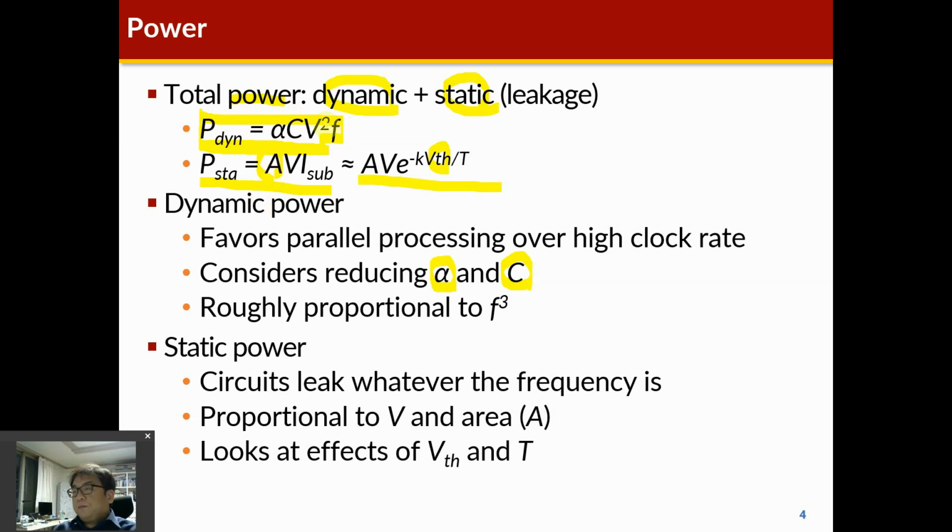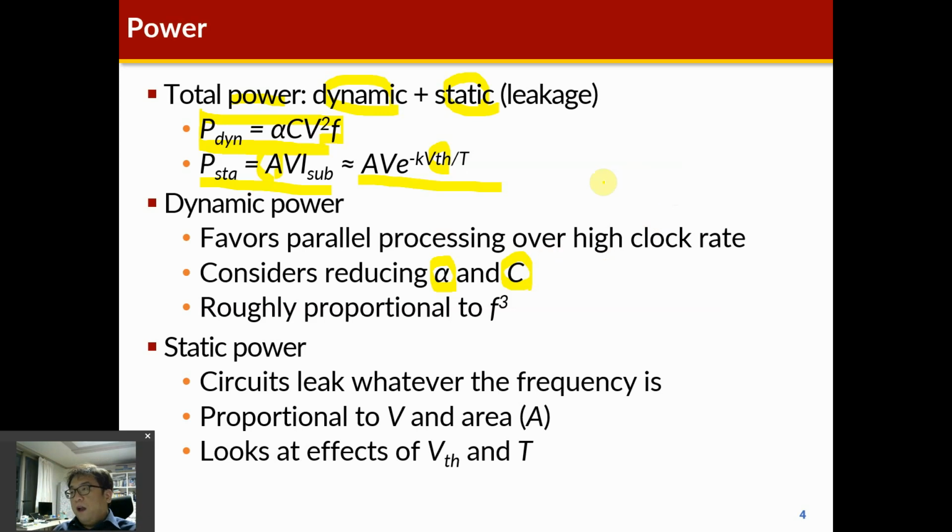As the CMOS transistor channel length is shrunk, we can reduce this supply voltage. So as CMOS transistor technology advanced, the supply voltage level was also reduced. That's the good thing about the advance of CMOS technology.